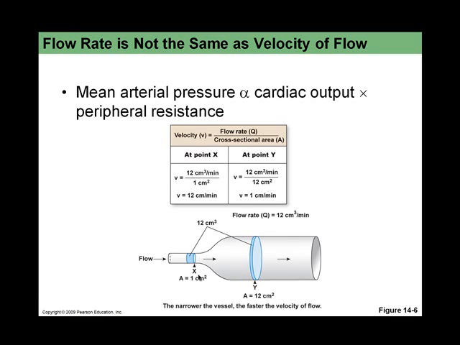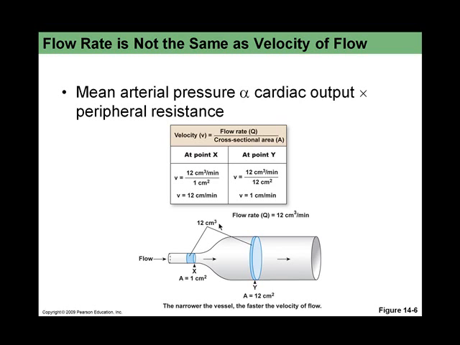So here at point X, we have a cross-sectional area of 1 centimeter squared. And at Y, we have 12 centimeters squared. The volume of liquid that we are considering flowing through this cross-sectional area is 12 cubic centimeters. 1 cc is roughly an ml, if you remember that.